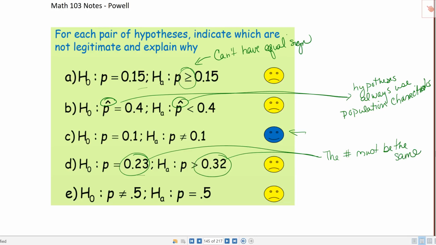And then finally, the last one. The null hypothesis always has the equals sign. It looks like they've switched up the null hypothesis and the alternative hypothesis.